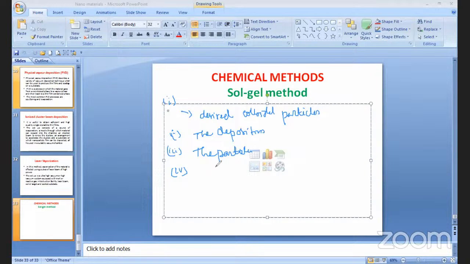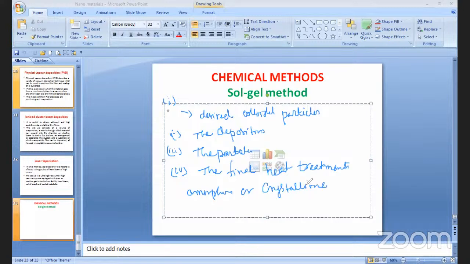The final heat treatments pyrolyze the remaining organic or inorganic compounds and form an amorphous or crystalline material. The sol-gel formation occurs through hydrolysis or condensation, and groups of particles are formed here.